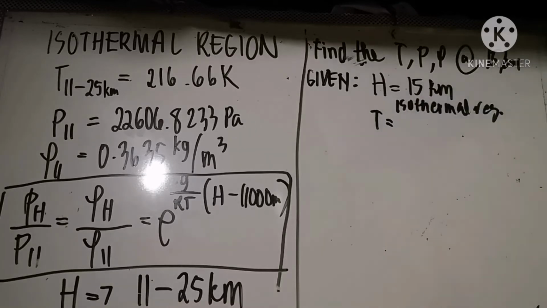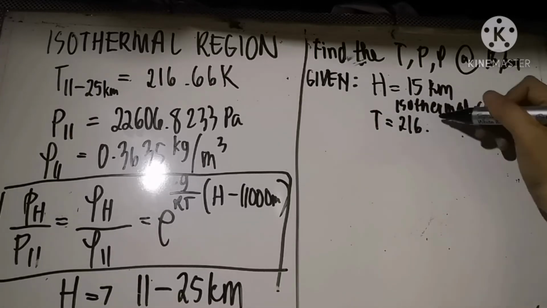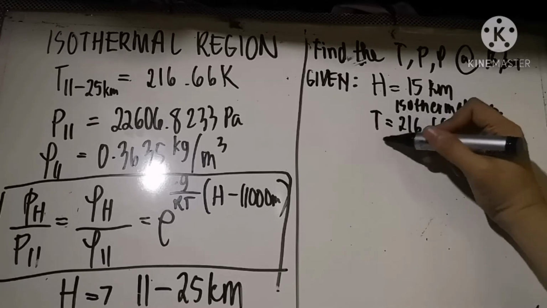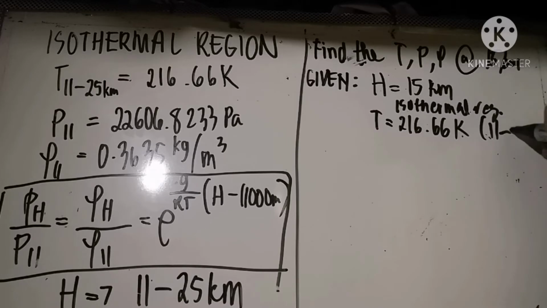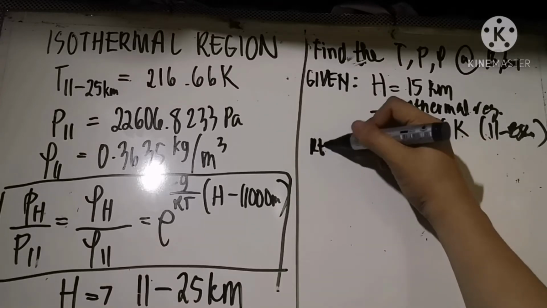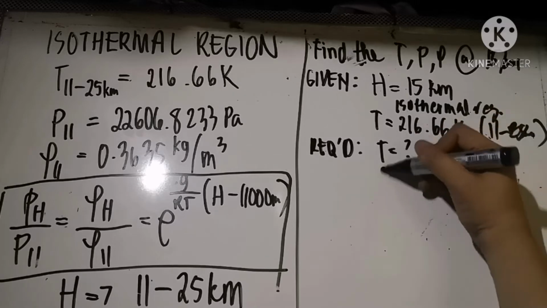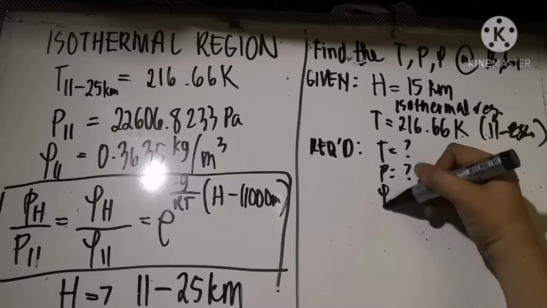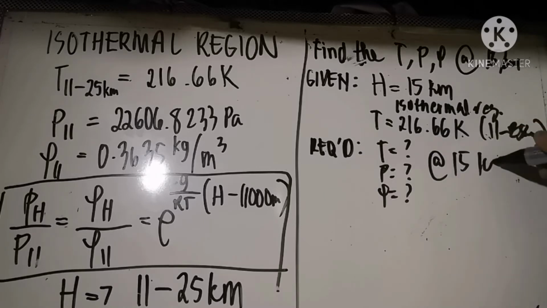Temperature is 216.66 Kelvin for 11 to 25 kilometers. Okay, and then your required are temperature, pressure, and density at 15 kilometers.